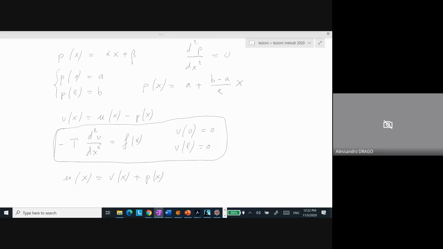introducing some sort of potential. This will correspond to the potential of the internal forces, that, for instance, could be the tension, the elastic force inside the string or whatever.